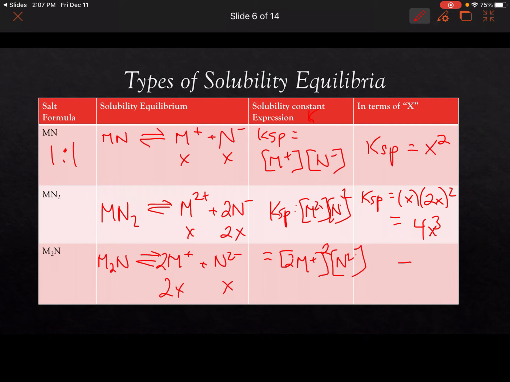So then our KSP using X's, we're going to have the same thing. We have 2 multiplied by X, so again we're going to have the 4X cubed here.